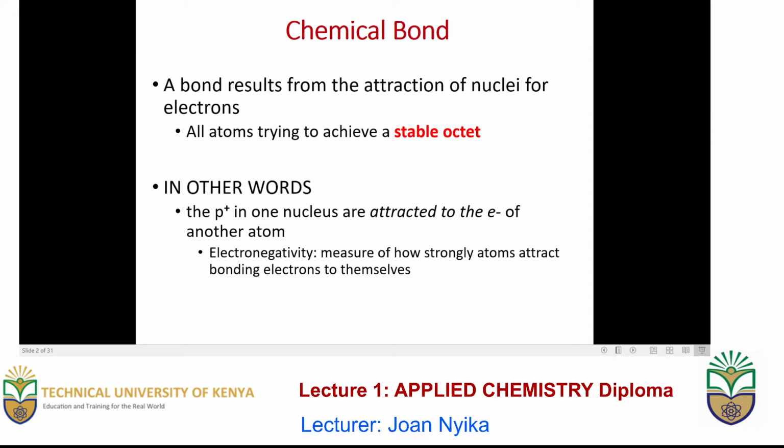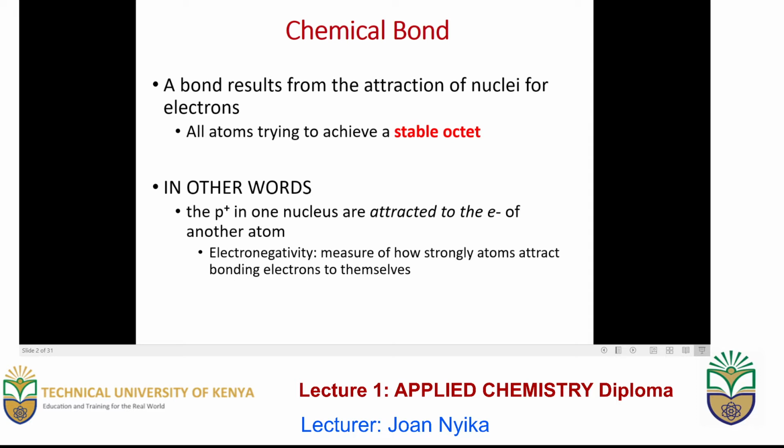And usually the protons that make the nucleus positively charged are the ones that attract electrons. The attraction between the positive nucleus and the negative electrons is what results in a chemical bond.